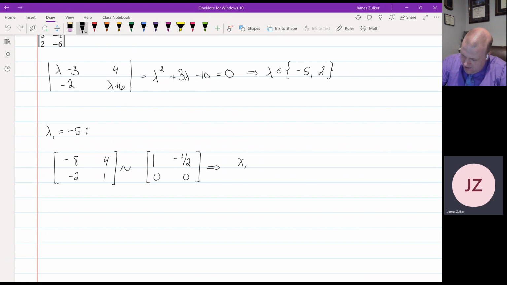Specifically, x1 minus a half x2 is equal to 0, which means that x1 is equal to a half of x2.